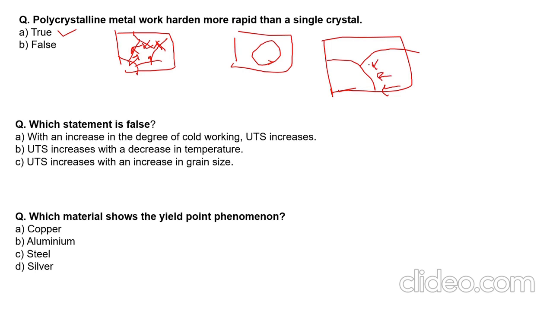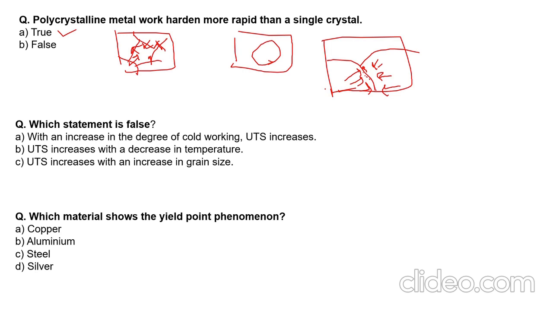As they approach, it is not easy for them to cross over, so they get accumulated near the grain boundary. They are pinned to the grain boundary, and this creates further hindrance in the movement of the dislocations. As the movement of the dislocations is hindered, your material is strengthened, right?